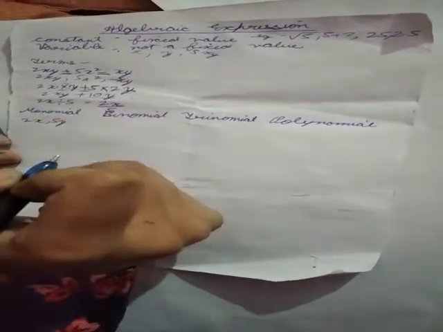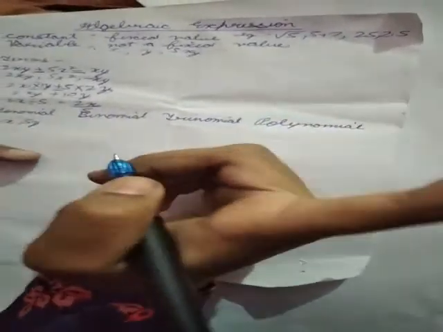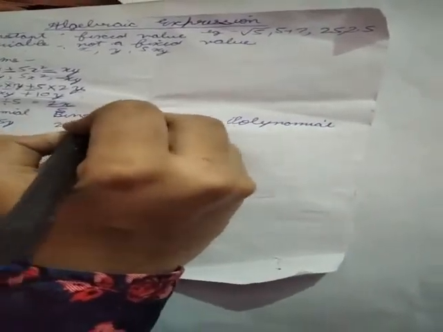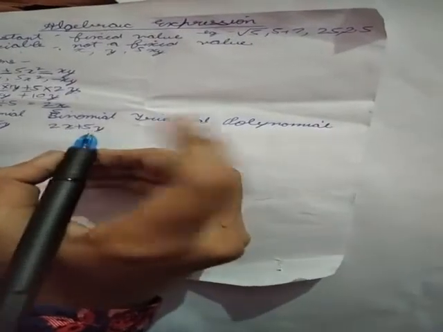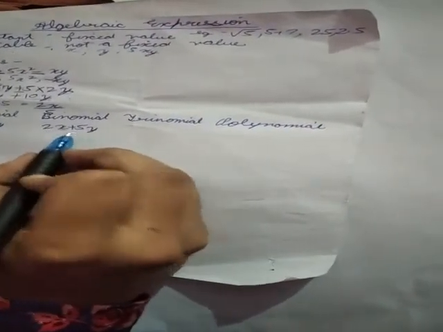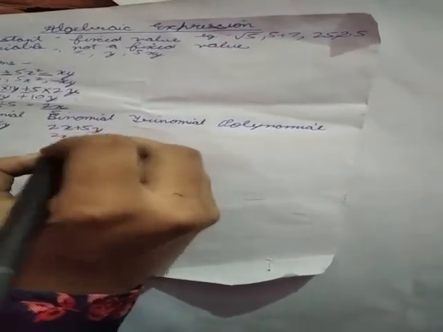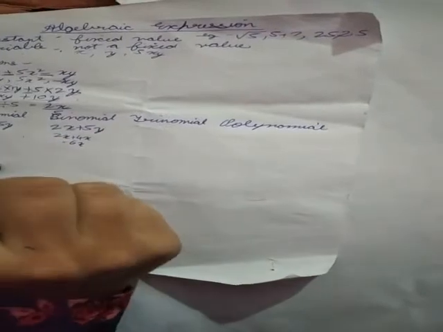They are all monomials. A binomial is an algebraic expression which contains two terms that are different, meaning they don't have the same variable, like 2x plus 5y. It is a binomial, and x and y are not the same variable. We have to take care that they shall not be the same. If they are the same, like 2x plus 4x, they can be written as 6x, which will then be a monomial.